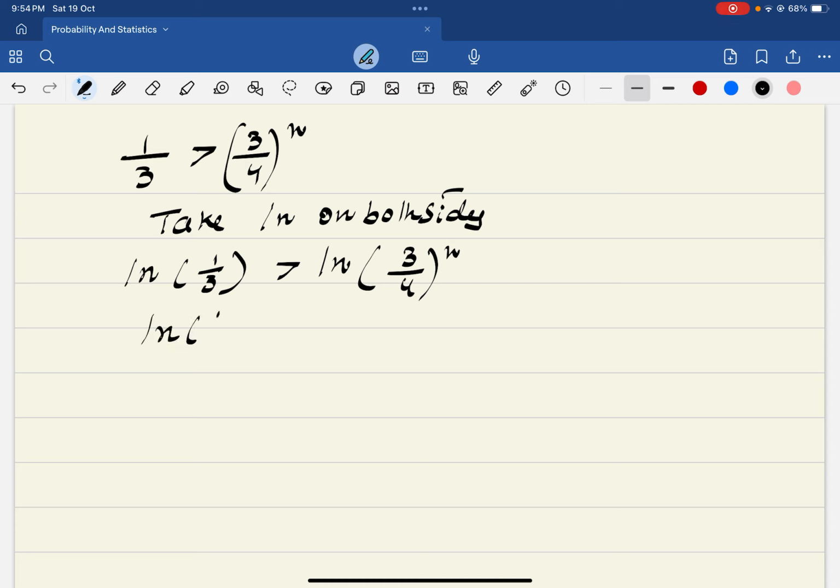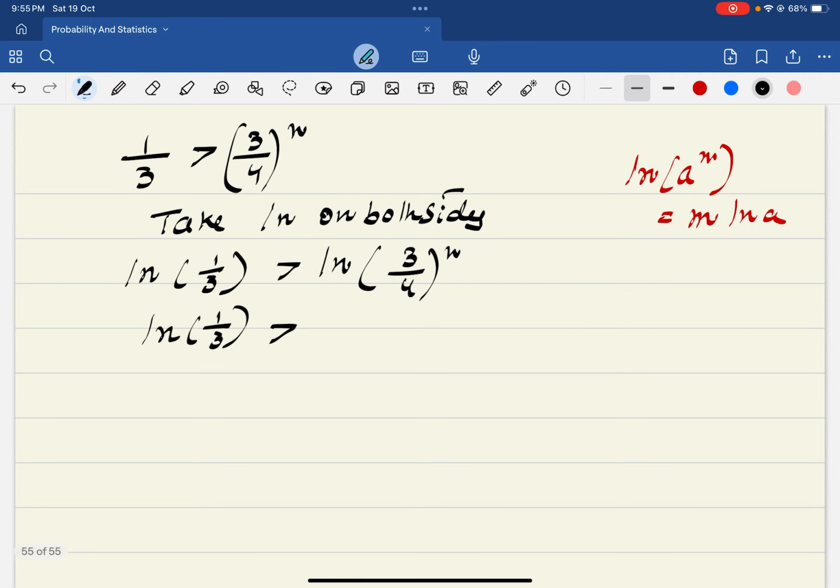I hope you know the formula: ln of a power m can be written as m times ln of a. I think all of you know this. So we can write this as n times ln of 3 over 4.